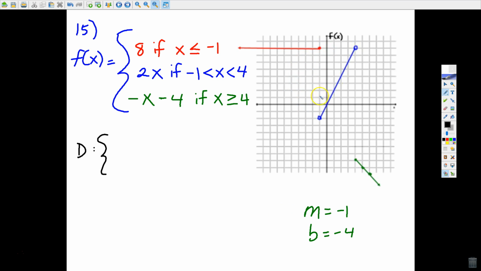So the red would cover from here left. The blue picks up there and covers from -1 to 4, and then the green picks up there and covers forever right. So it looks like everything on the x-axis is covered. So this is going to be all real numbers.